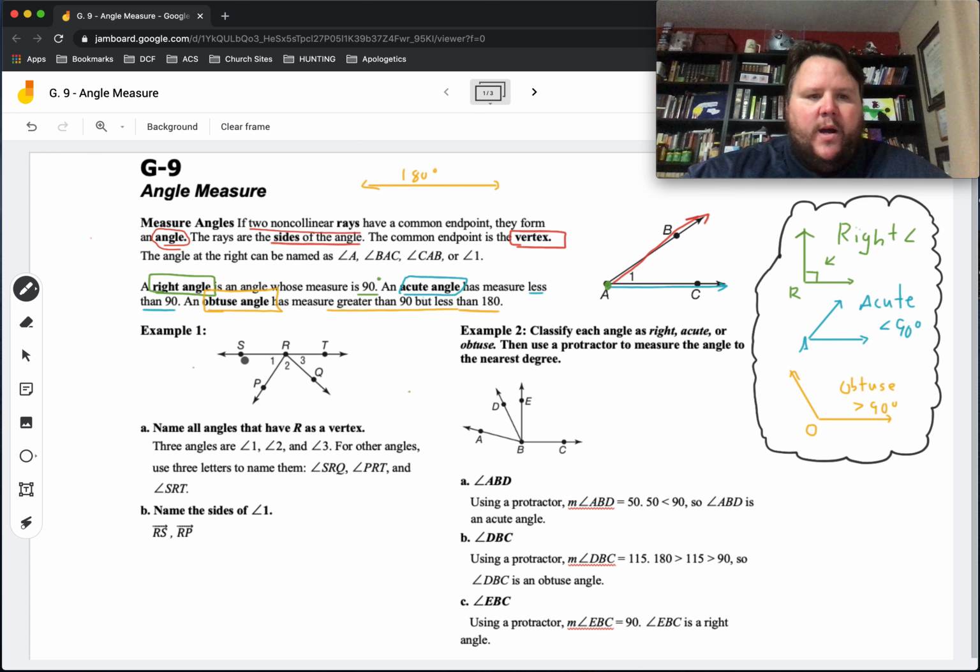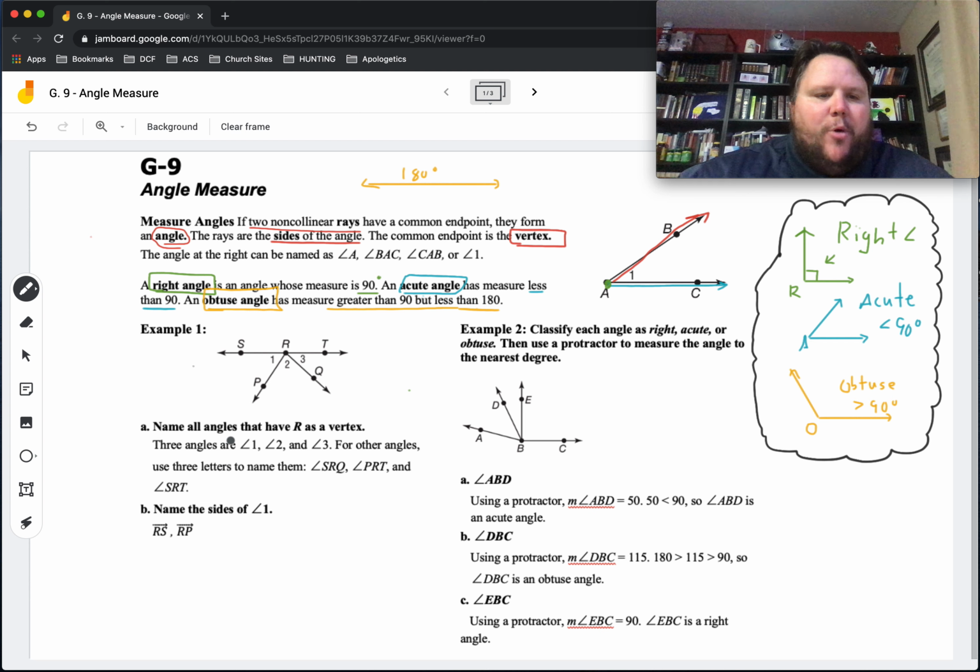We have angle 1 is SPR, angle 2 is PRQ, angle 3 is QRT. So the first thing we're going to do is name all angles that have R as a vertex. So R as a vertex, we have one angle here, and that would be SRP, but we can name it angle 1, or we could say SRP or PRS, however you want to write it.